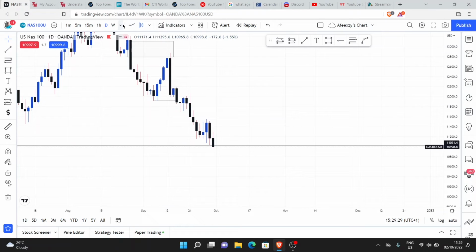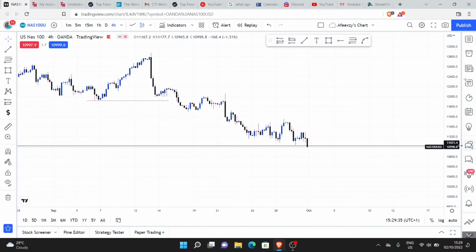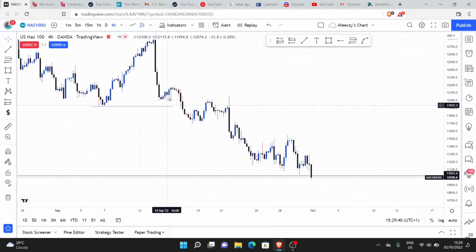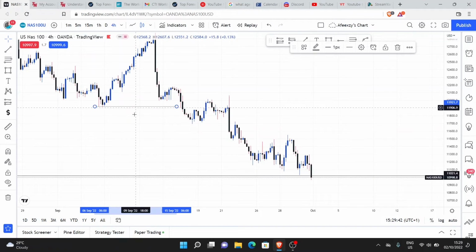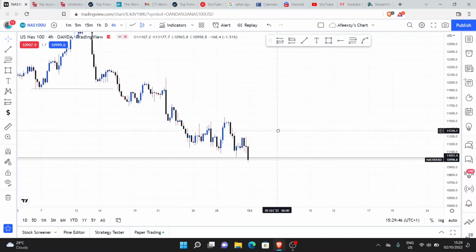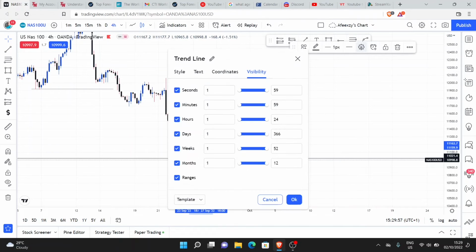On our 4-hour time frame perspective, let me just use the 4-hour time frame. You can see that we are bearish on our 4-hour time frame as well. As you can see, there was some kind of double bottom here, which we see as a liquidity zone.